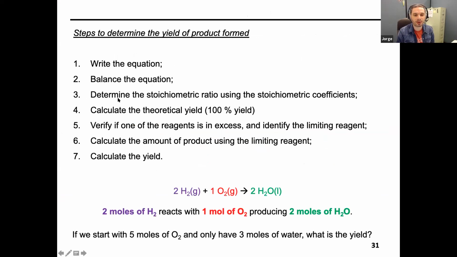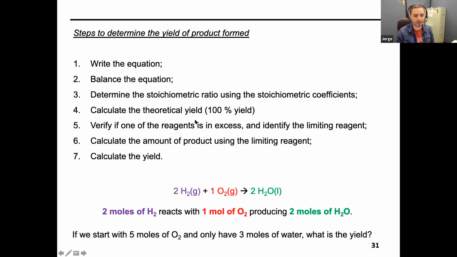Third step is always to determine the stoichiometric ratio using the stoichiometric coefficients, and understand that the stoichiometric coefficients will provide the ratio between reagents and products. The theoretical yield or the expected mass, you will consider that the reaction is 100% successful.